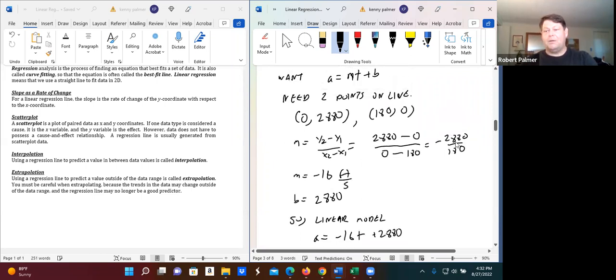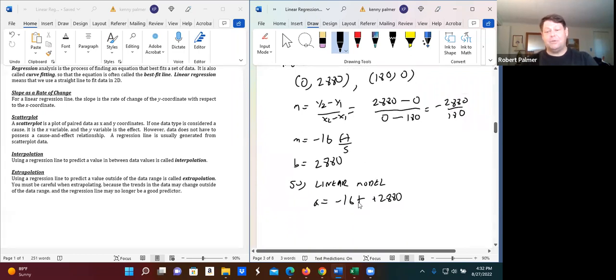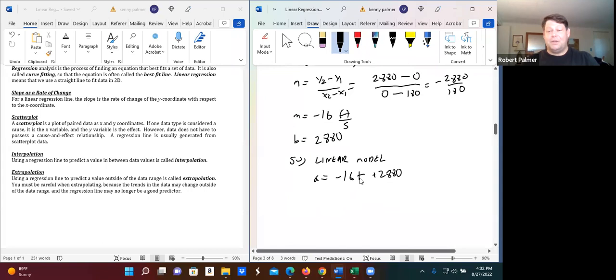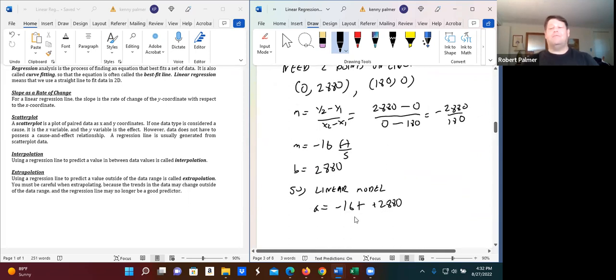That's a straight line model we use to predict your height at a given time after the jump. Also, regarding interpolation and extrapolation, time could go past 180 seconds, but it won't make any sense, because you start getting negative values.